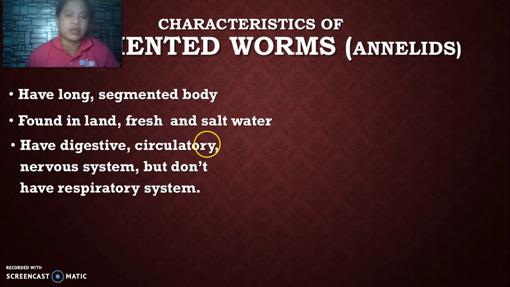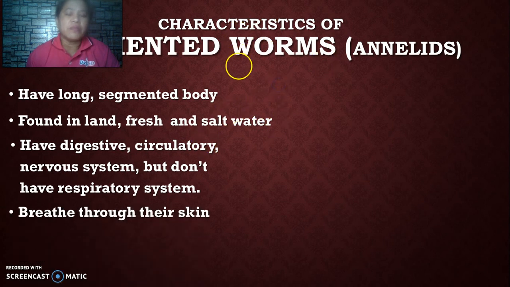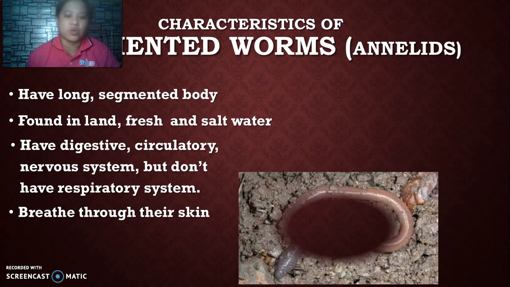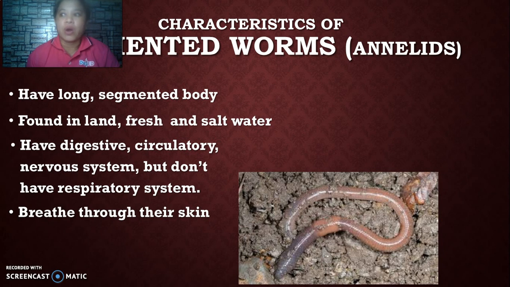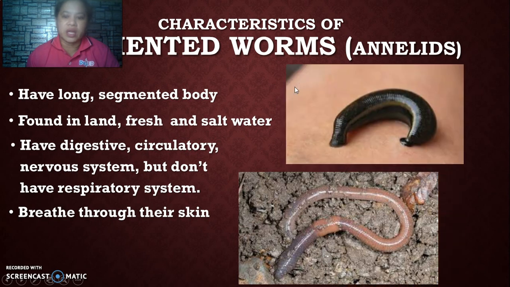How do they breathe? They breathe through their skin. So in that case, they need to keep their skin moist. That's why they love to burrow in the soil, just like the earthworm and the leech.